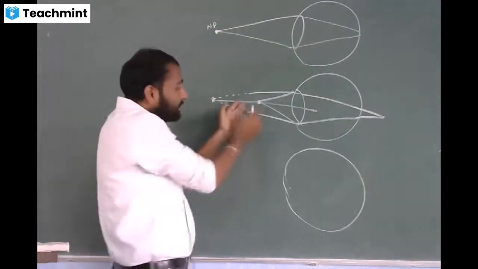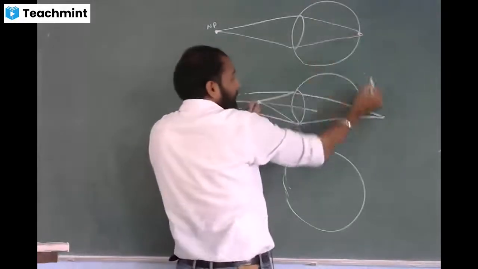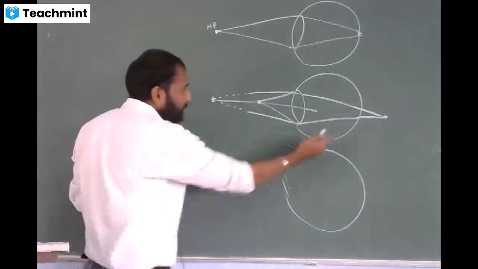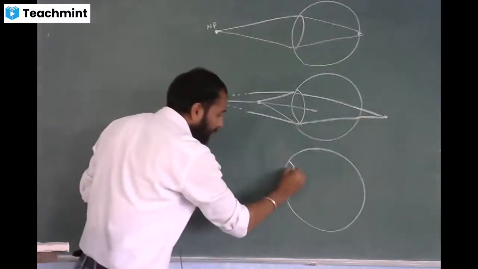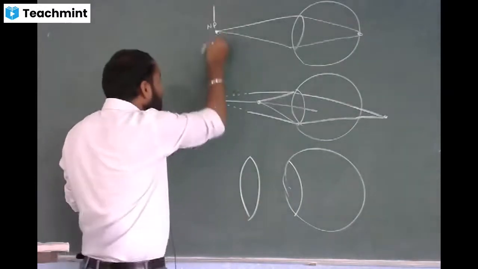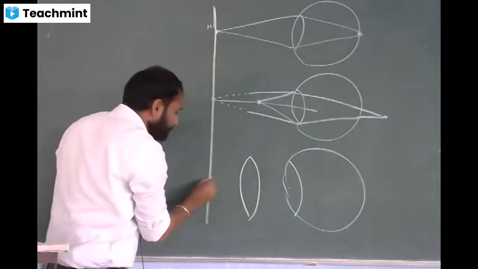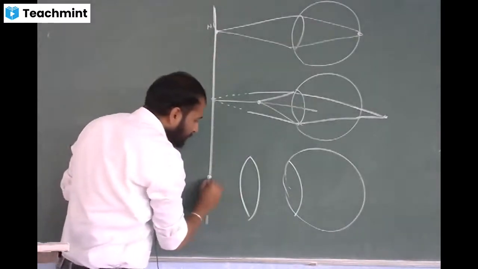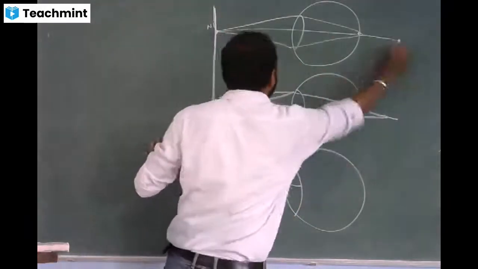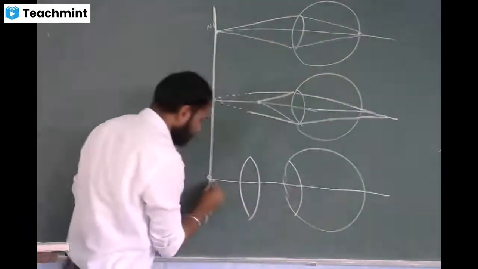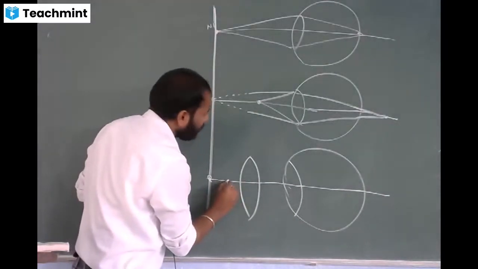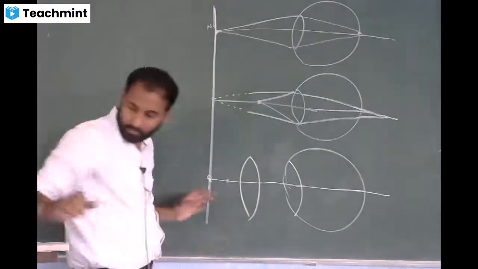So instead of that, the image should fall on the retina, but the image is forming behind the retina. So what lens if we use, the image will fall back on the retina? So we have to use a convex lens. So once we use a convex lens, the object is seen at this point. Let me join this.